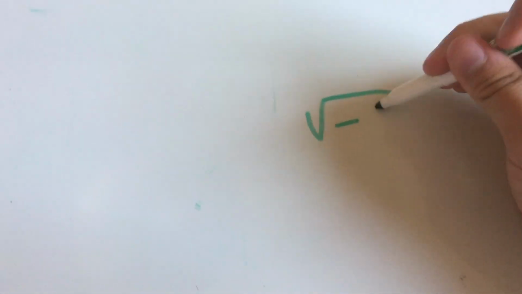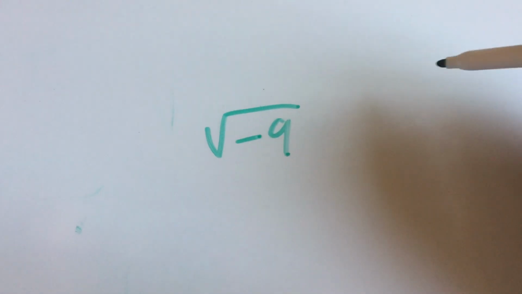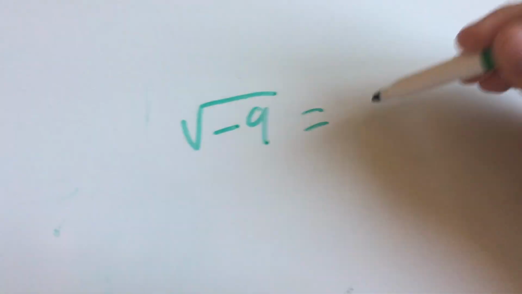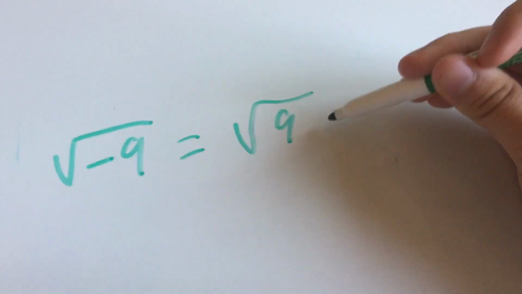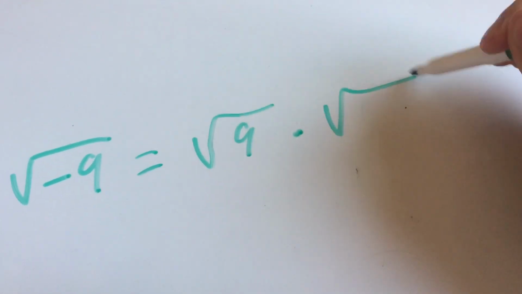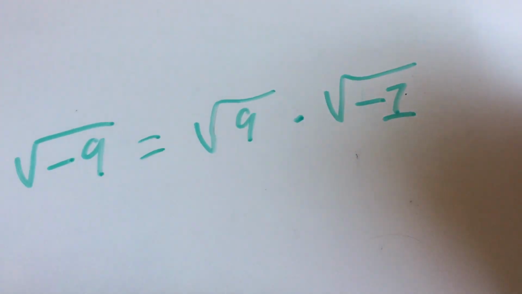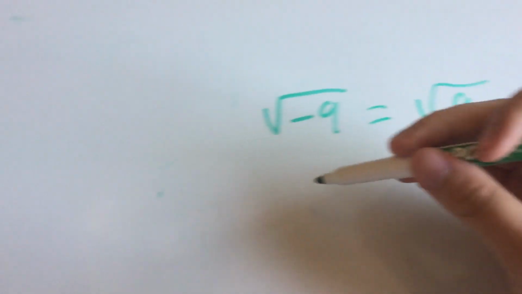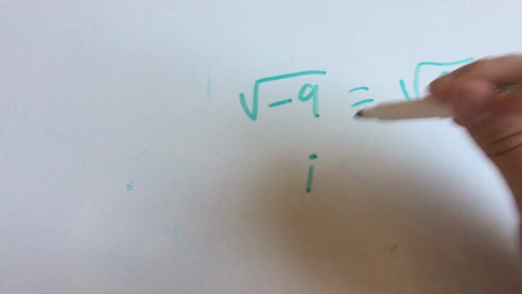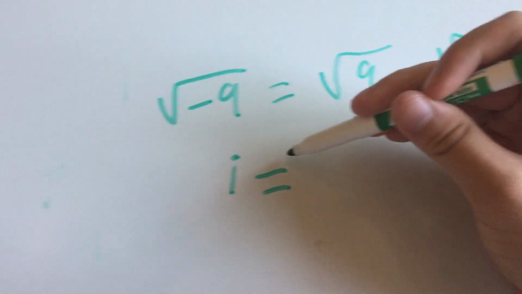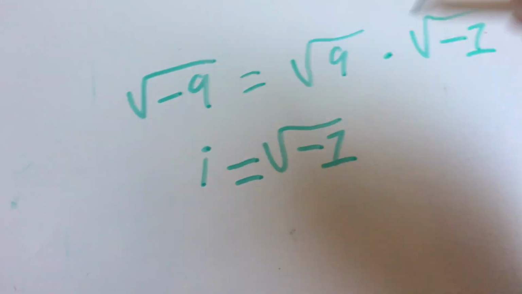But if it's the square root of -9, we can write it as the square root of 9 times the square root of -1, because i equals the square root of -1.